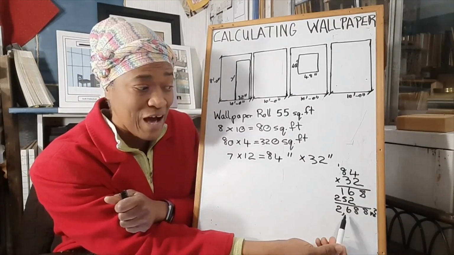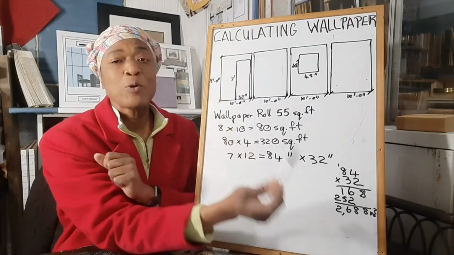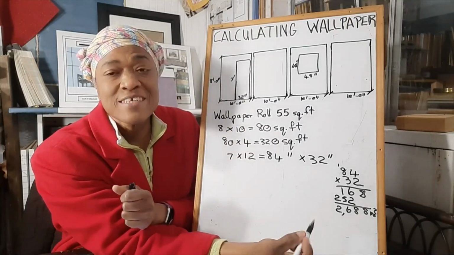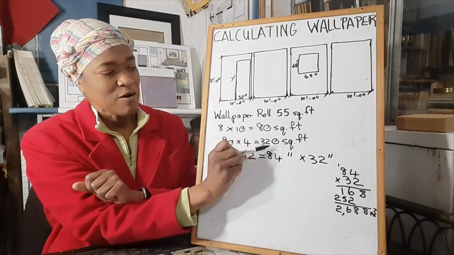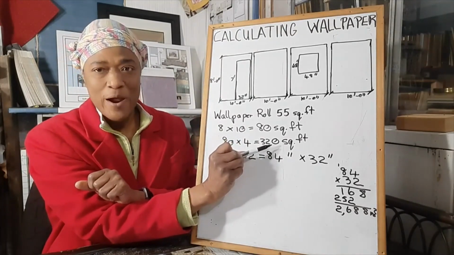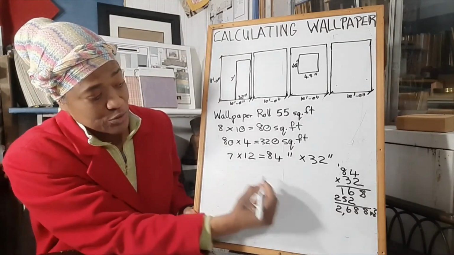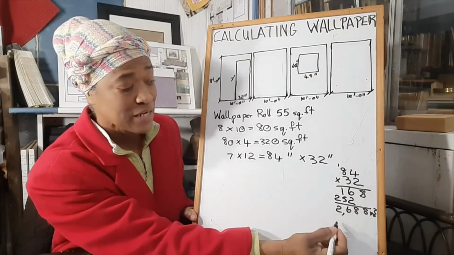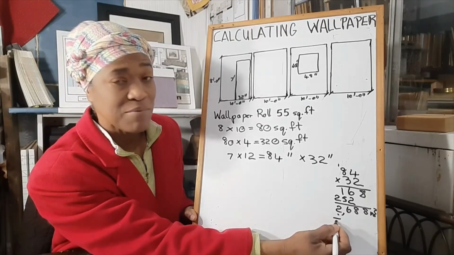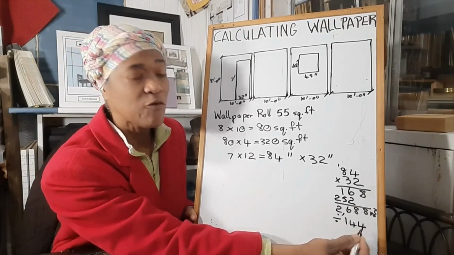Now that we have the square inches for the space here, we will have to go ahead and convert it back to square feet because we're calculating with square feet here. So that would be 2,688 divided by 144.